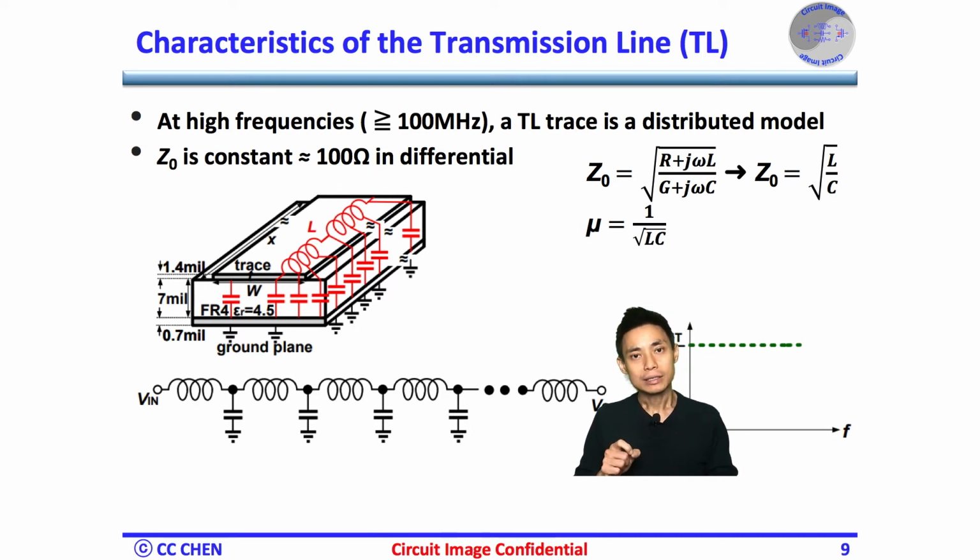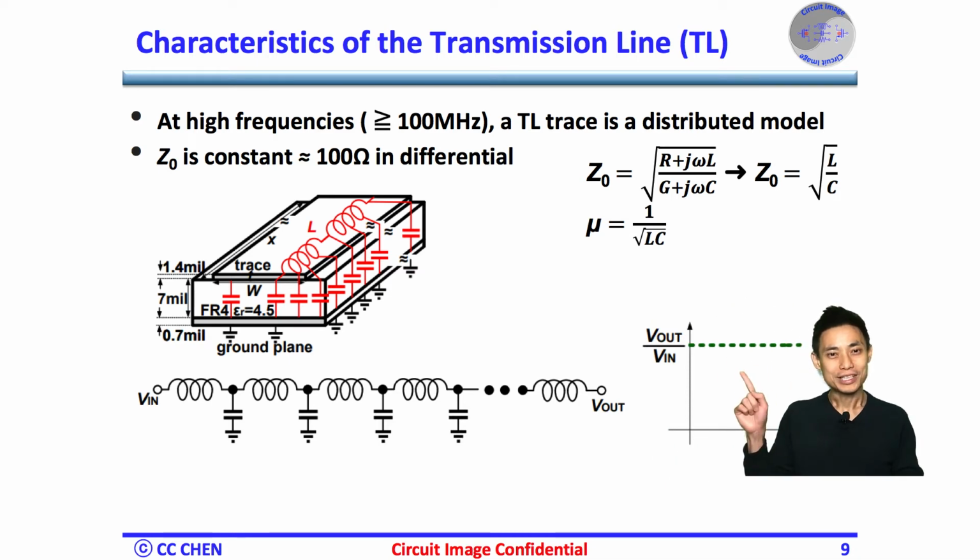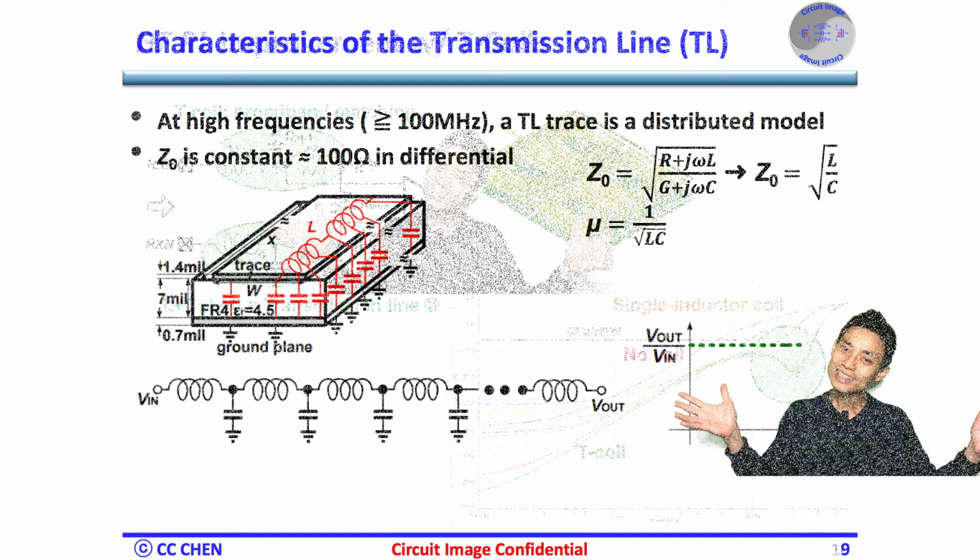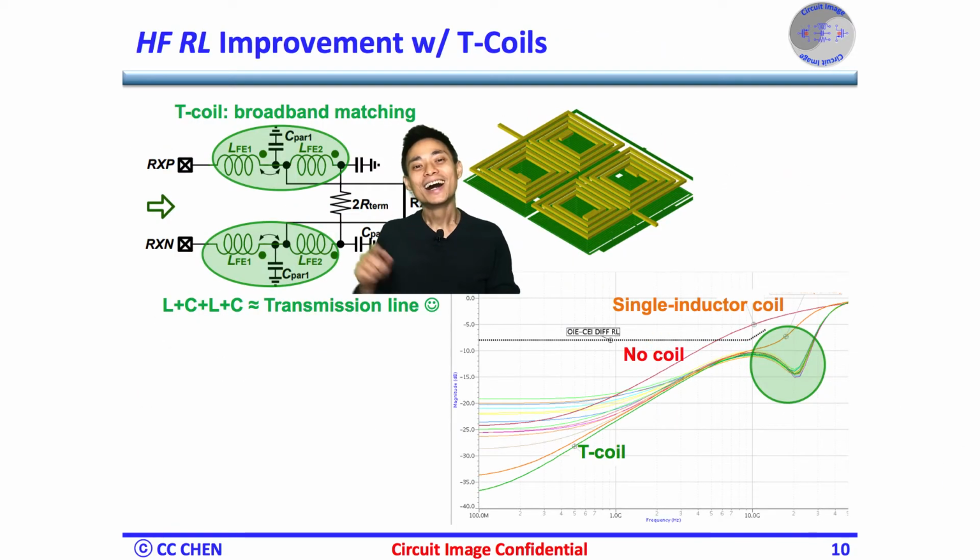Multiple LC ladders cascaded could achieve a wide bandwidth or constant impedance over frequencies. Would this imagery help you come up with another broadband coil imagery? Bingo! Add more coils to mimic the multiple LC ladder to achieve a wide bandwidth or constant impedance over frequencies.